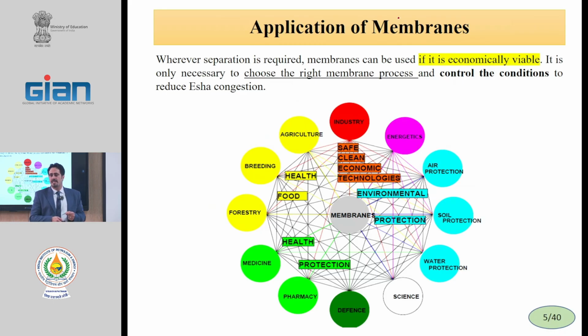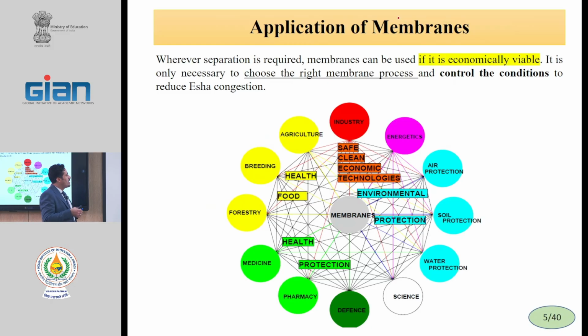Membrane is a separation process. We want to separate two species from together. Therefore, wherever separation is required, membrane can be used, but only if it is economically viable. If we see that the membrane is economically viable, we can use the membranes. Almost in all separation processes, we can use the membranes.